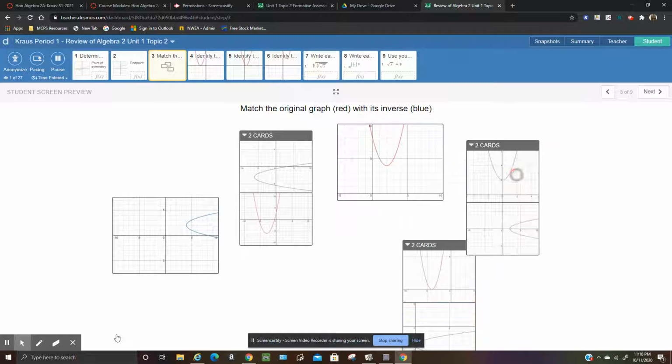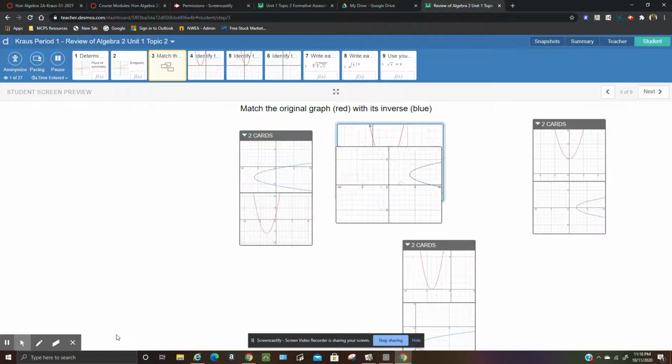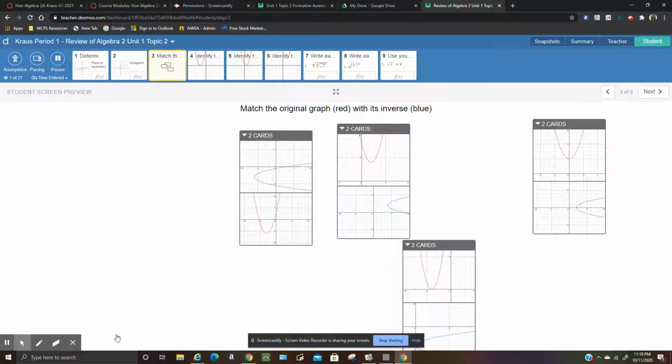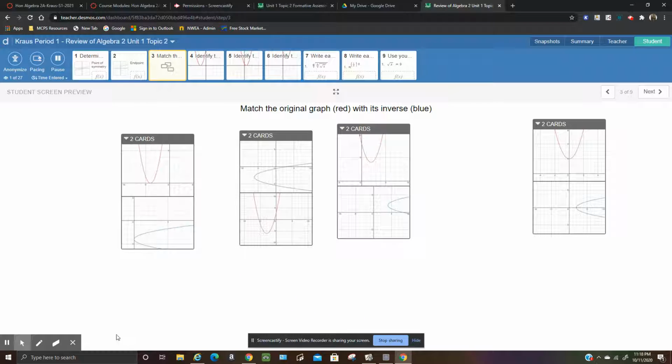So 2, 0. Let's see if these two match up. 1, 2, 1, 2, 3, 4. So 4, 2. So which one was not? Oh, I was looking at the blue graph, I think. So those look right now.